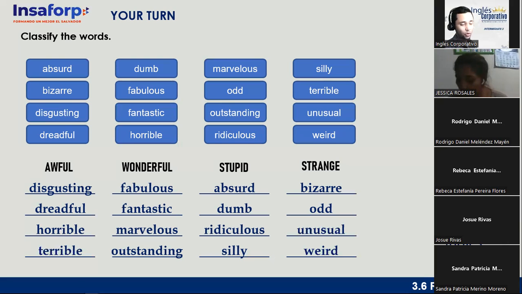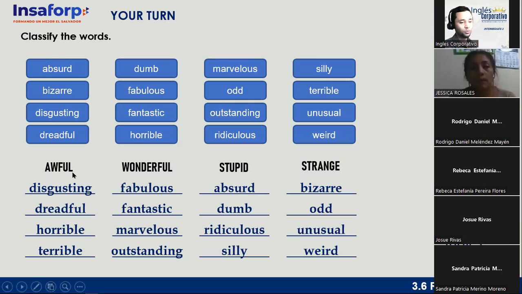You have the words. I'm just going to pronounce the words. If you want to practice the pronunciation at home, you don't have to activate your microphone, ¿verdad? No es necesario que active su micrófono, puede practicar en su casa, ¿verdad? I'm just going to say the words. Please repeat after me.